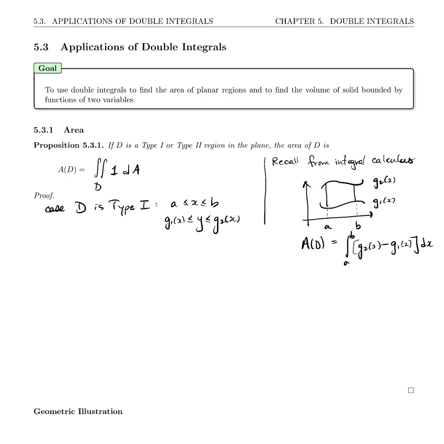So that was how you would have done this with a function of a single variable. Now let's look at the double integral variant.